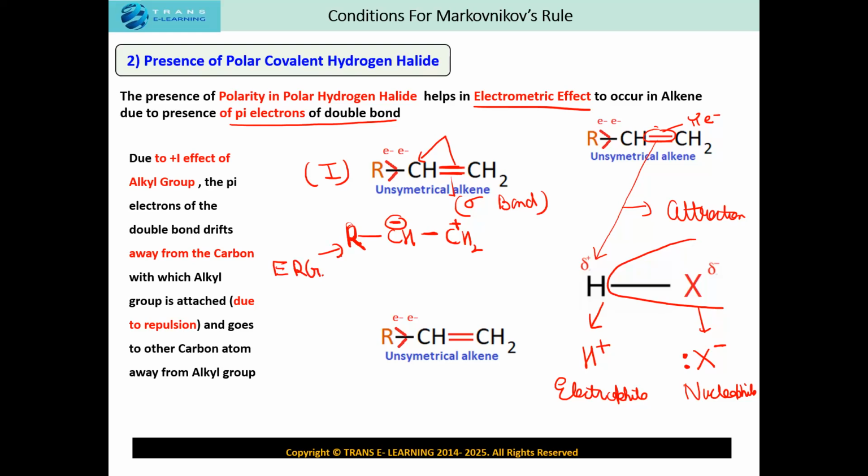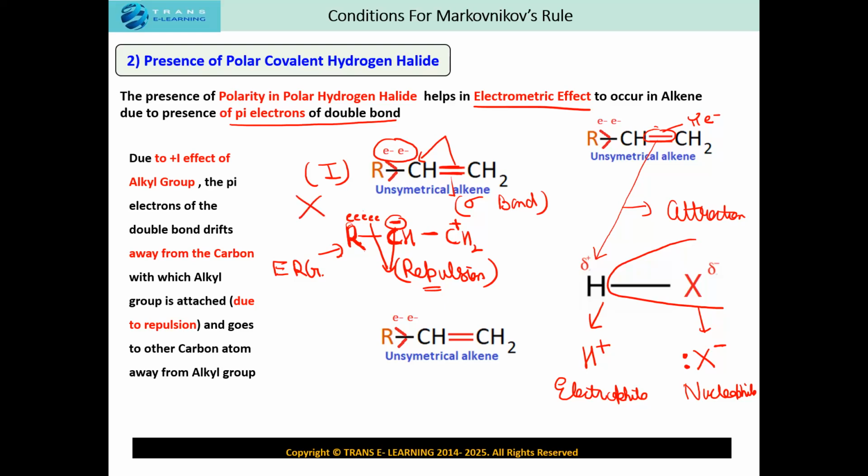You can see that this alkyl group is releasing the electrons towards the carbon atom attached to the double bond. Now, when the pi electron will try to come on the carbon atom on the left hand side, which is attached to the alkyl group, there will be repulsion between the electrons released by this alkyl group and this pi electron, and this structure will not be stable. So in that case, it won't happen.